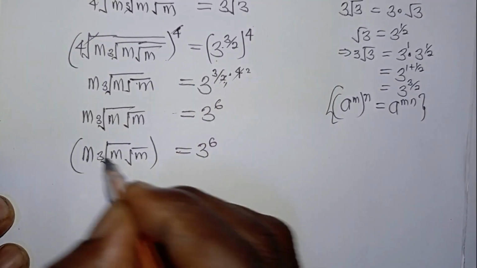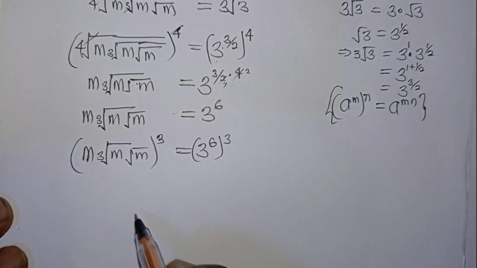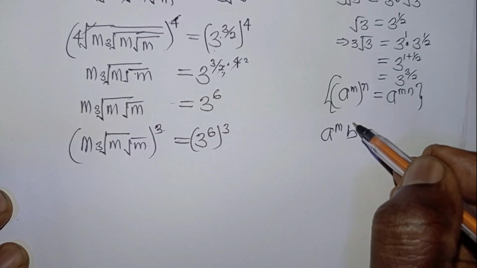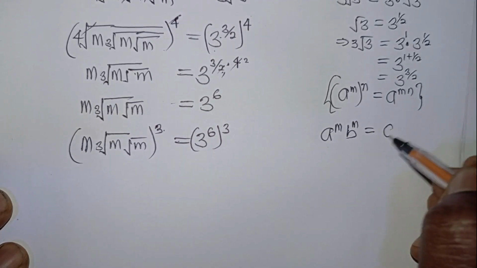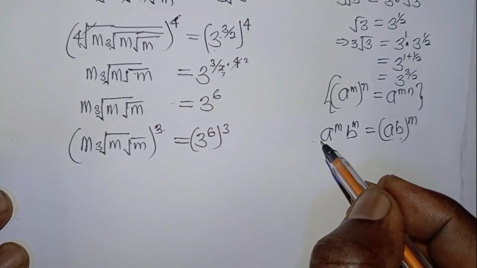So we take the cube of this and take the cube of this. Applying that, if you have ab to the power m, this can be written as a to the power m times b to the power m. So the reverse will be applied.